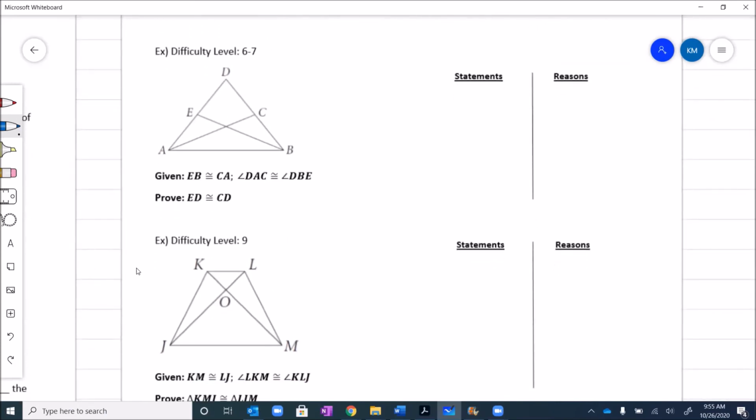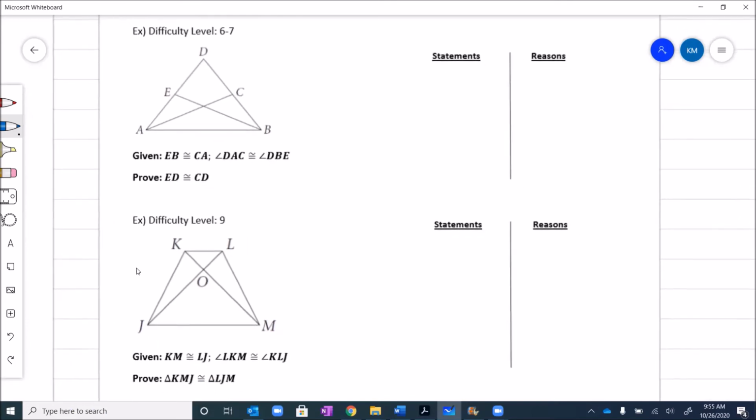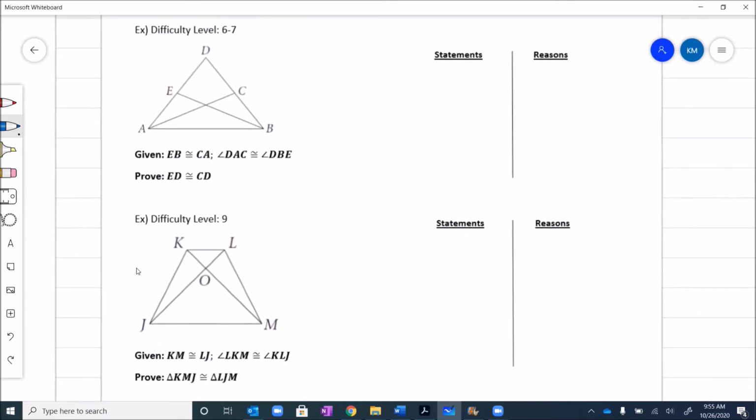All right. Next problem. They're asking us to prove that ED is congruent to CD. So ED, CD, looks like these two triangles. Now, as we look at these, I'm going to take a guess. Hopefully I'm right. Say that EDB is probably the triangle that we're going to focus on.